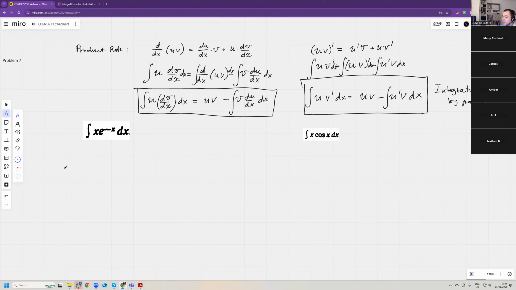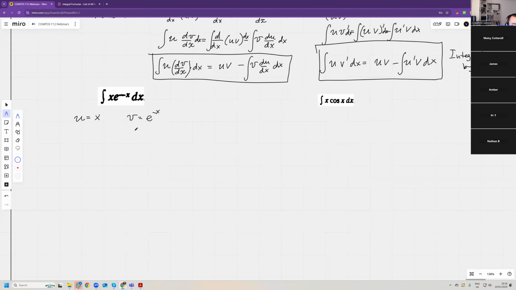There are some rules which you can use, but I do it using trial and error. So okay, I see this integral. It consists of two parts. It's a multiplication of 2. I can't really integrate that. But let's start to substitute. So let's say that u is equal to x and v dash is equal to e to the power minus x.